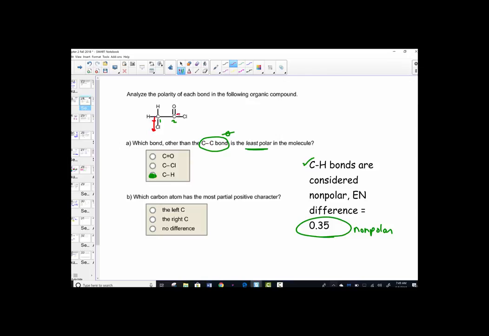Here we have two more electronegative elements pulling the electron distribution in either direction, making this carbon more positive than the first carbon. So the right carbon would have a more partial positive charge because there are two atoms vying for its electrons.